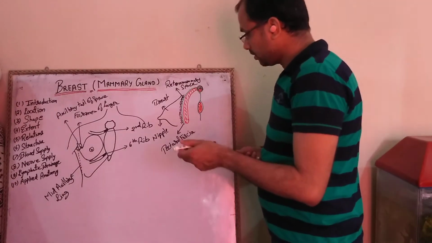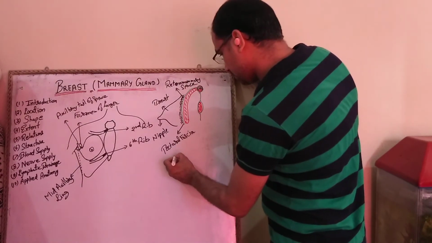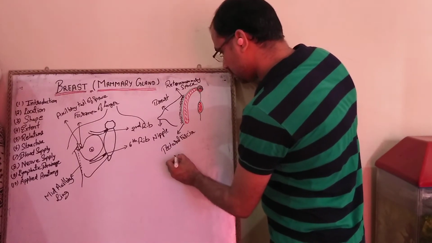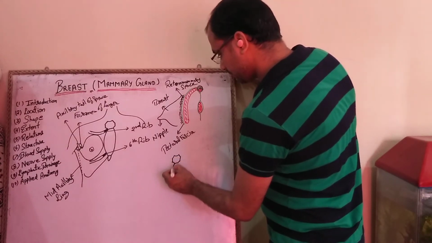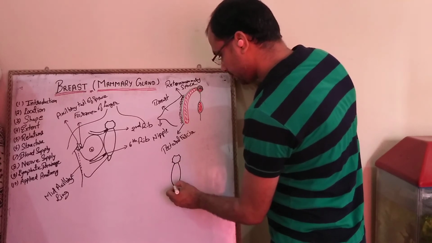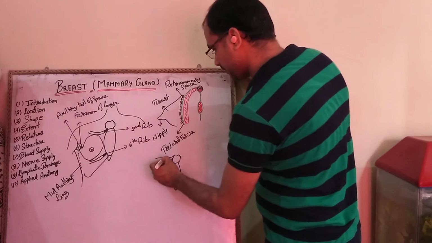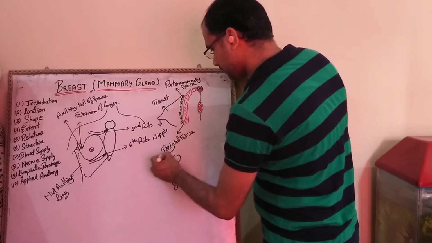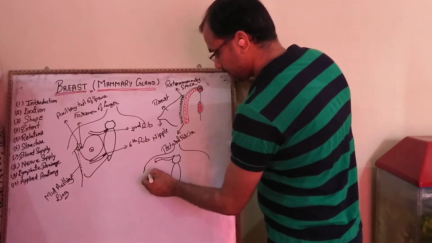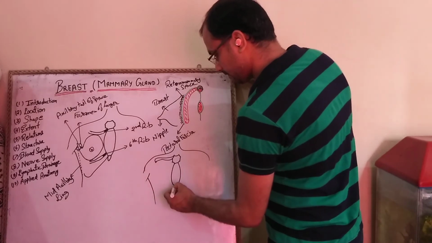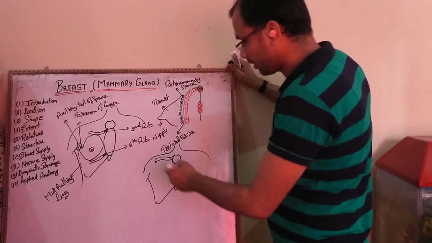Now I will draw another diagram. This is the sternum, the xiphoid process, clavicle, costal margin.